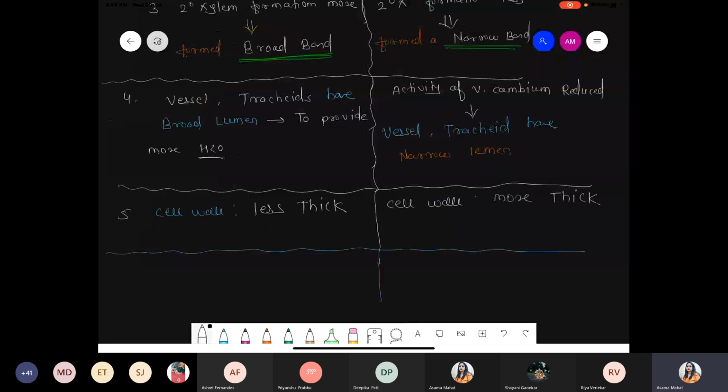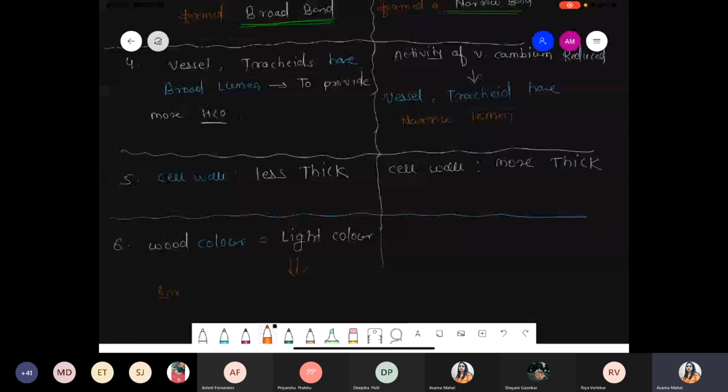Ultimately, now when you compare this point with the color of the wood, obviously in the case of the spring season, the wood color, they are more active. So ultimately the color they have is light color, and that light color wood is called early wood, also called spring wood. So one question, remember: spring wood has which color? They are present in a light color.